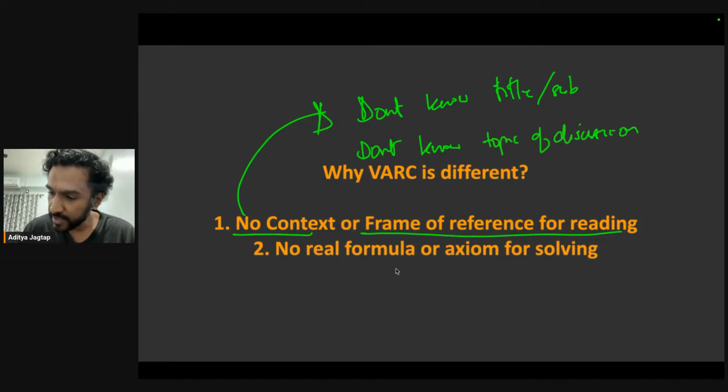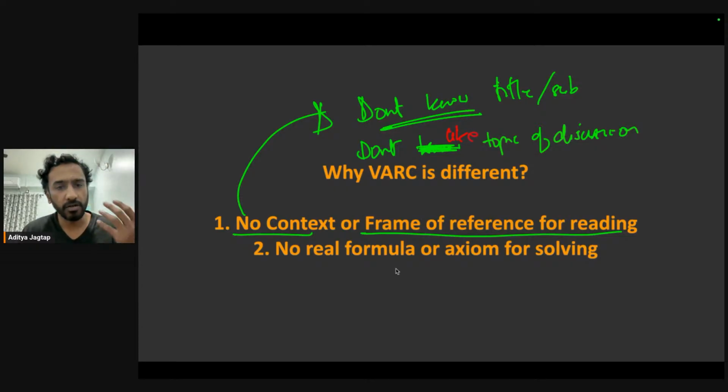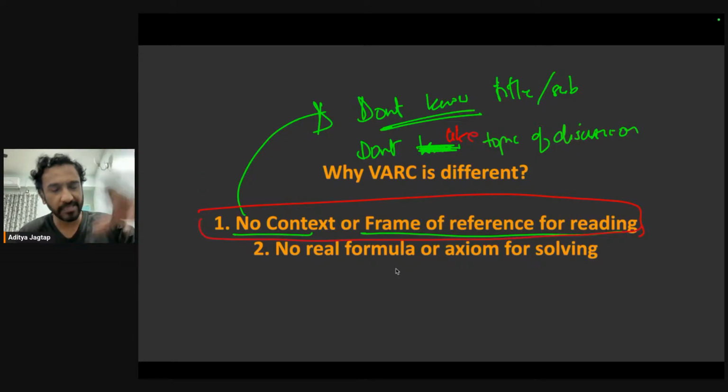So one is this unknown, right? And the other is, let's make this clear, you don't like the topic of discussion. And the other is a subject that causes you challenges. Okay, so this is one inherent idea in the VRC passage process, which we have to overcome through certain reading habits.